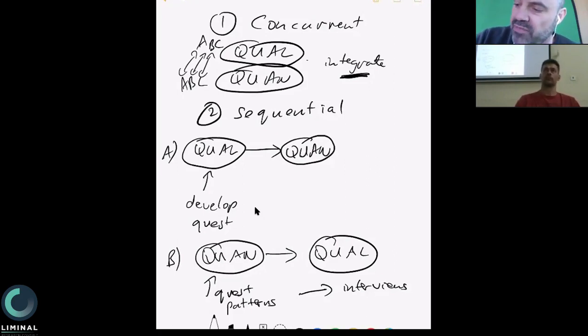If you miss something there in qual, for instance ease of use, and you forgot to ask about it in the interviews, but it's in the questionnaire in the quant, then when you explain the results, you cannot compare the two.